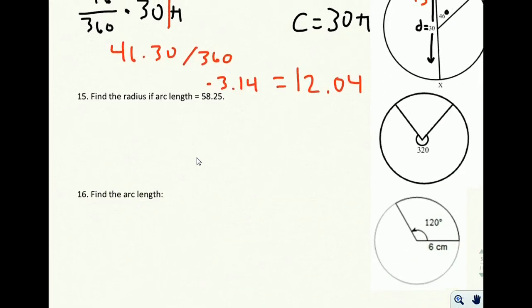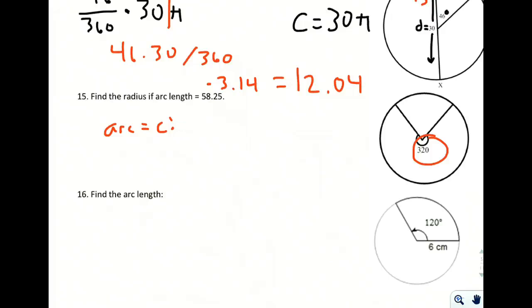Go down to 15, it says find the radius if the arc length is 58.25. And it looks like our degree measure is 320. So we can set this up by saying our arc is equal to our circumference, and we can write that as just C, times 320 over 360.